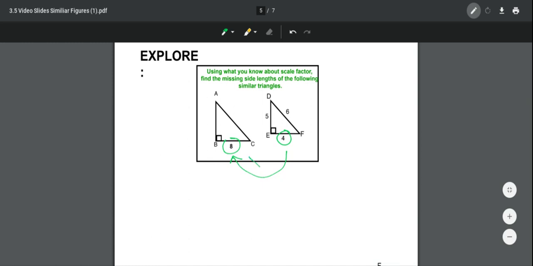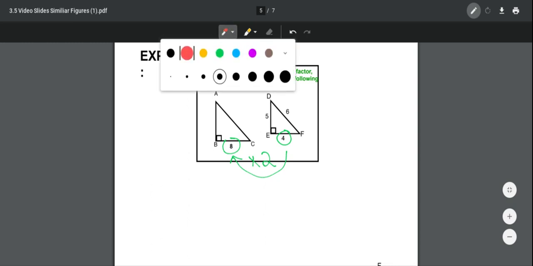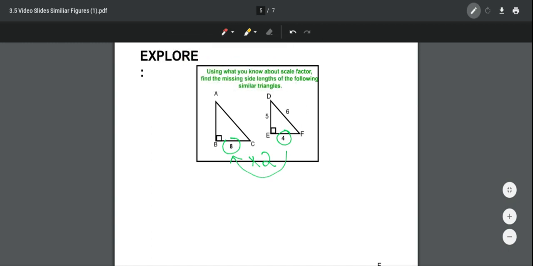If you said 2, then you are correct. So if a scale factor of 2 was used to go from triangle DEF to triangle ABC, let's apply that scale factor to each of the other sides. So when we apply a scale factor of 2 to side DF, 2 times 6 equals 12.